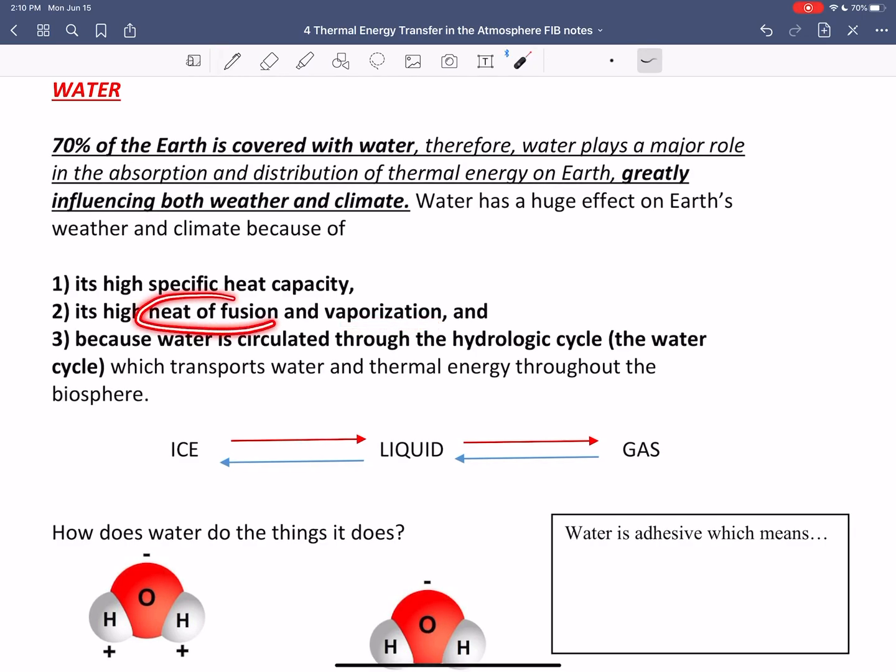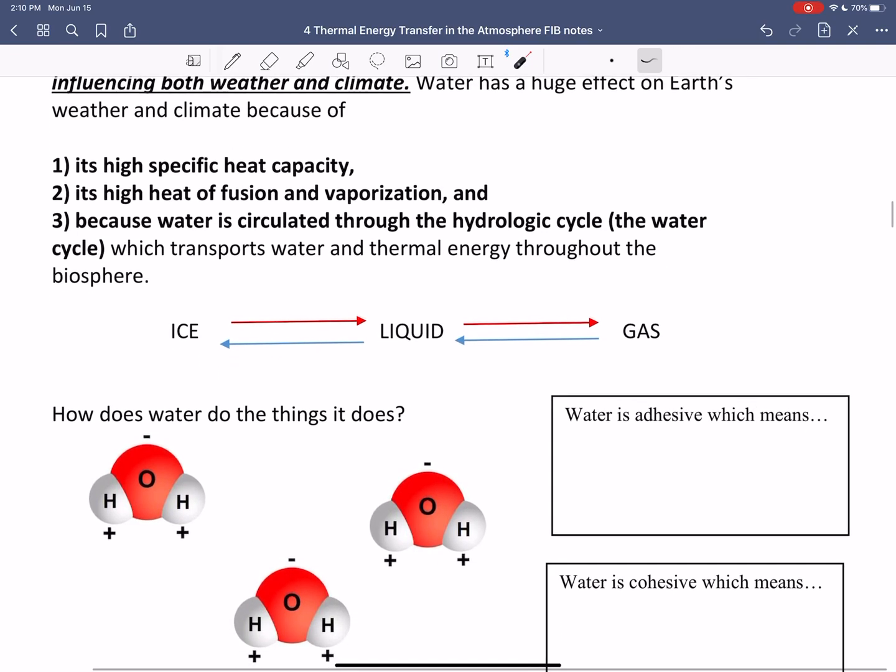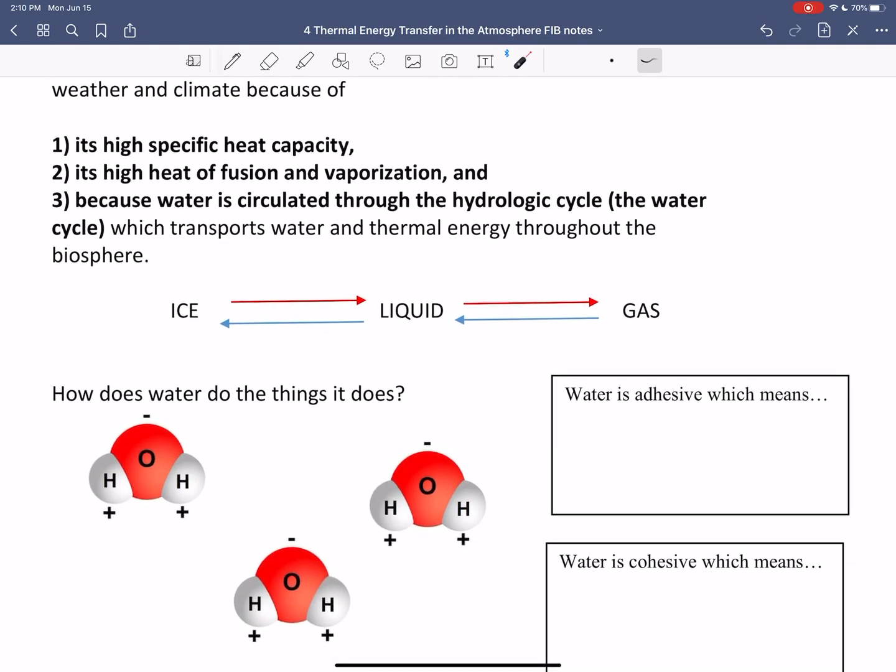So the amount of energy it takes to melt or freeze, and the energy it takes to become a gas, to evaporate or condense, is large. And because it's transferred through the hydrologic cycle, anytime we have one of those energy conversions, we are carrying that energy with us.